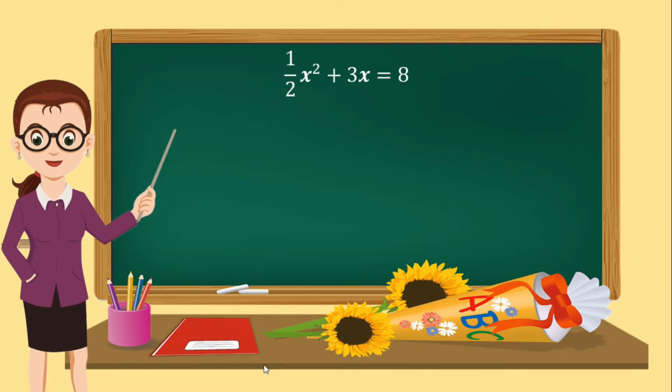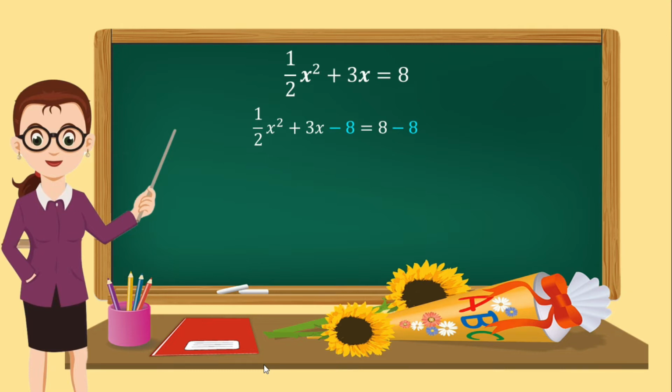Another example is 1/2 x squared plus 3x equals 8. This quadratic equation is not yet in standard form, so we will make it into standard form using the addition property of equality. We have 1/2 x squared plus 3x minus 8 equals 8 minus 8, so we add negative 8 to both sides.